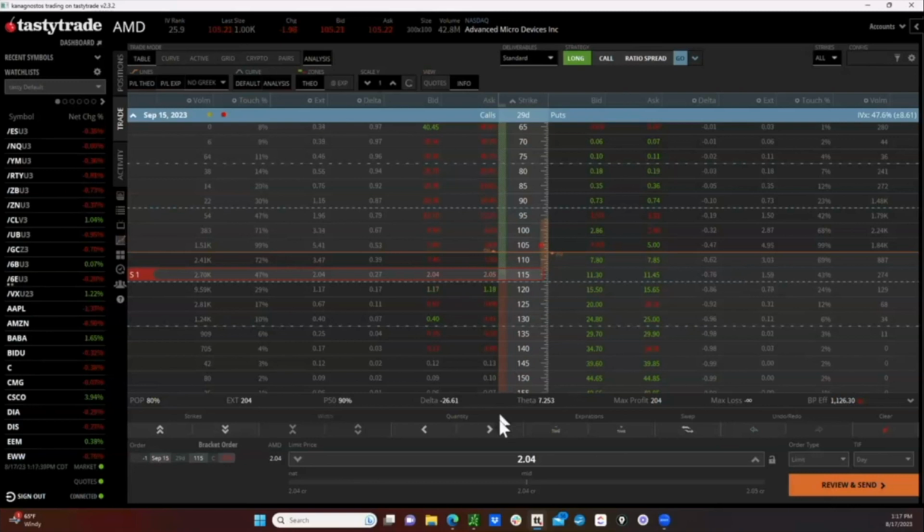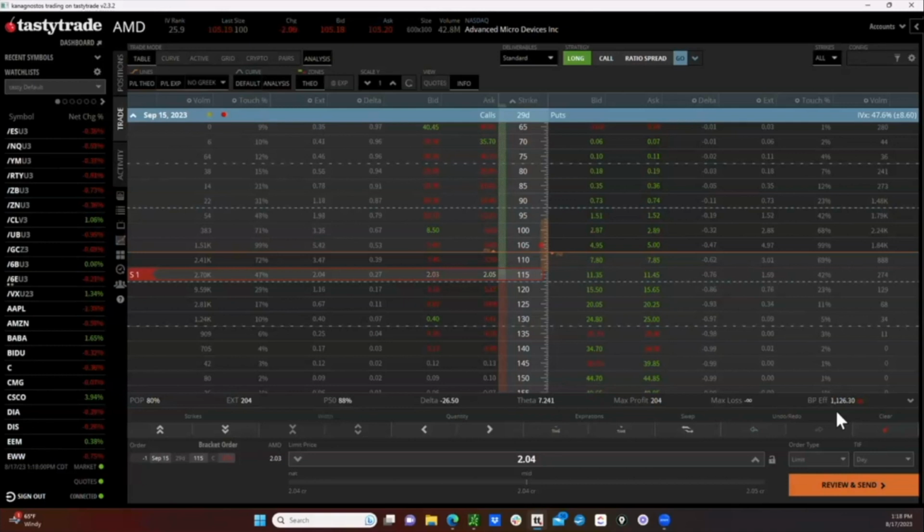So selling that call gives us a credit collected of $2.04, $204, that's max profit. Max loss on naked calls is infinite to the upside, and selling a naked call in this symbol requires capital of just over $1,100. So if you're comfortable with that risk, you can stop right there.